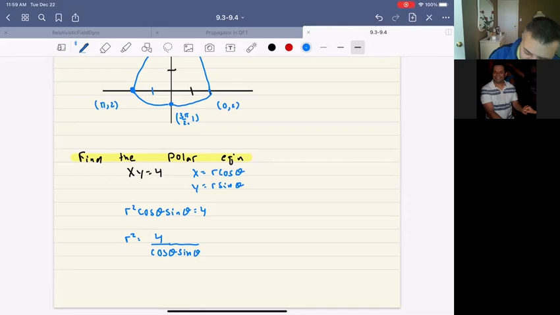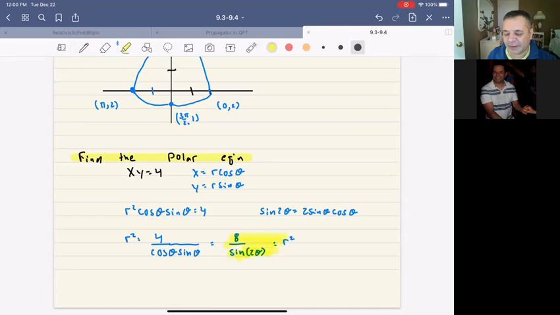You could be a little bit slick and remember that sine of 2 theta is 2 sine theta cosine theta. So this would be 8 over sine of 2 theta. But that's r squared. Interesting, that's r squared. We'll have to think about that later. Not r, but r squared. We'll worry about that one in another lesson.